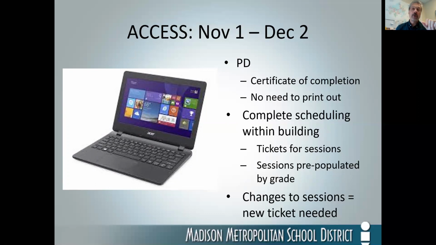What that does is it causes the ticket that originally came for that student to be no good, because that ticket is connected to the old supports and accommodations. If there are new ones that happen at any point during the assessment, let us know. We will make those changes and say, okay, you're good to print out a ticket. So keep in mind that we need to make sure that we're using the most current, most recent tickets.